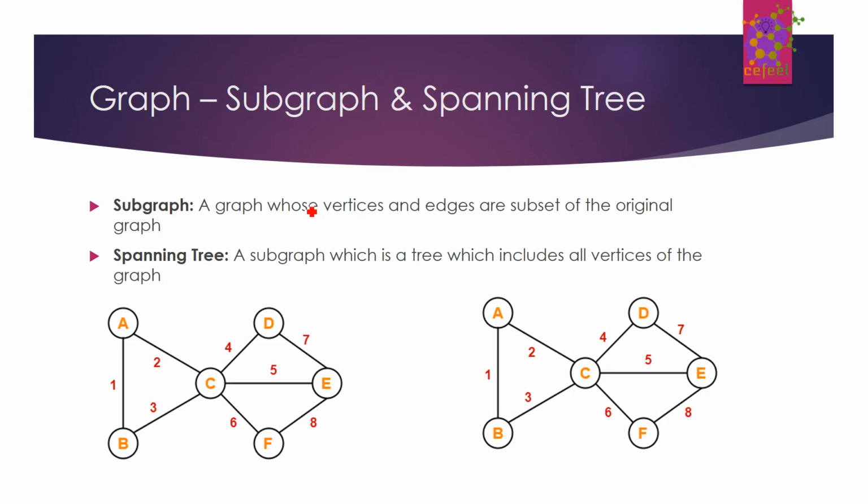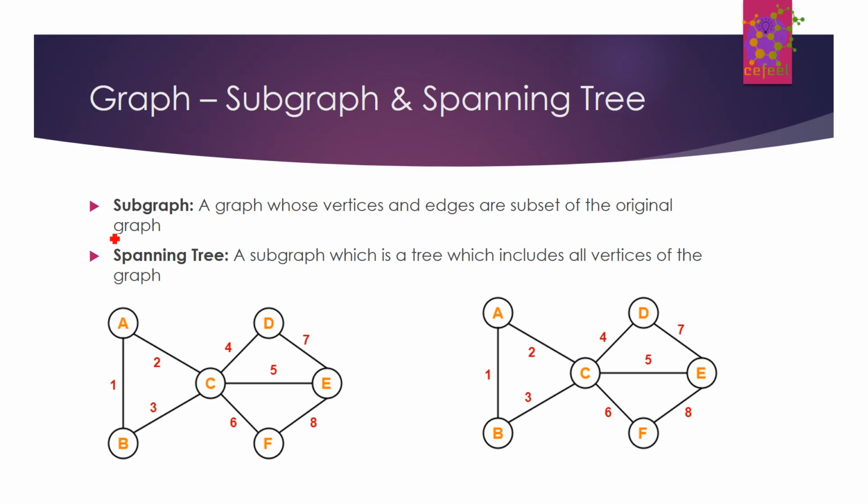Now let's look at what a subgraph and a spanning tree is. So subgraph, as its name suggests, is a sub of a graph, which means it's a subset of the original graph in such a way that its vertices and edges are a subset of the original graph.